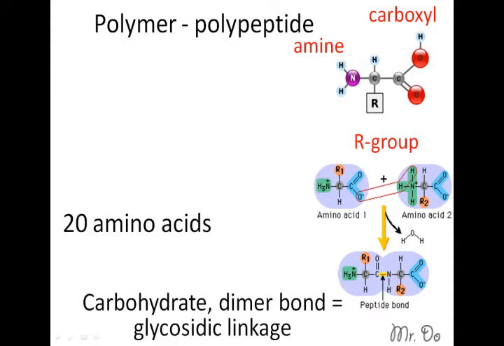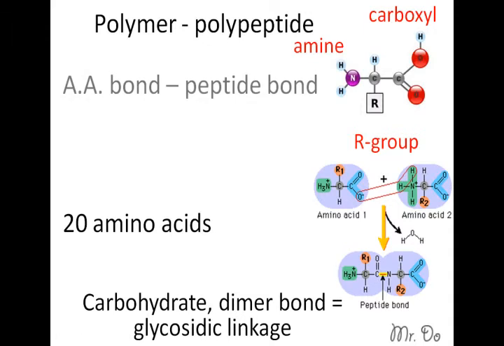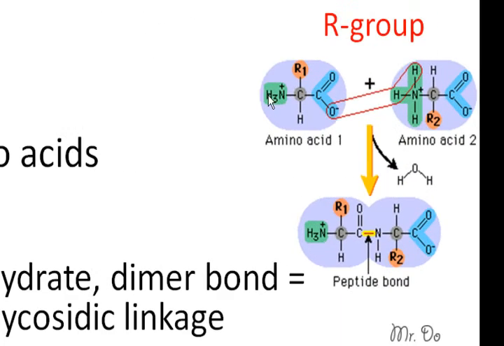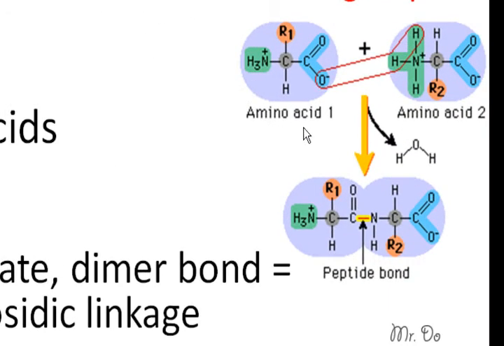Now we trace back to carbohydrates. In a dimer, the link between the two monosaccharides is called a glycosidic linkage. For protein, when amino acids bond, the bond in between them is called a peptide bond. On the left hand side, we see an amino acid.